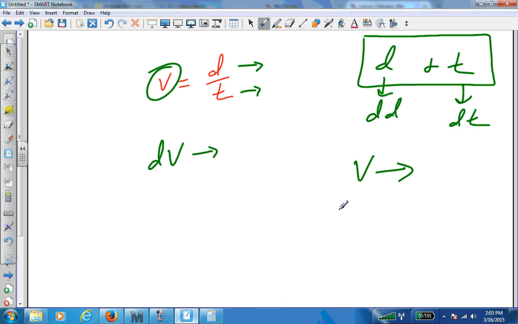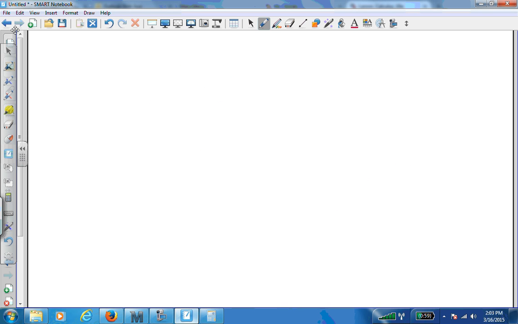So I guess we can do that real quickly. So if velocity is distance divided by time, if we look at the rules for calculating differentials of a quotient, we could use the formula.